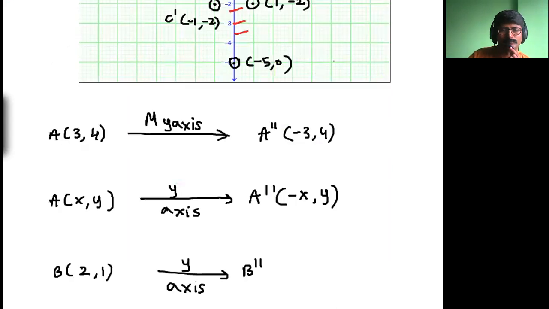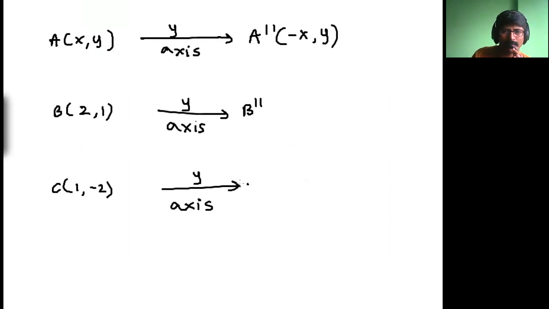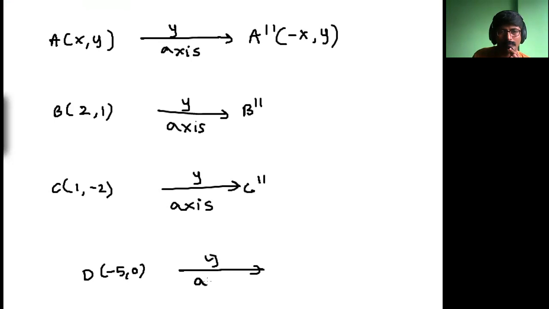Basic concepts. So it will become C double prime, and there is one D, (-5, 0), when it reflects under the y-axis. It will not change. D double prime will become (-5, 0), because when a point reflects under the y-axis, y remains the same. Oh, one second. It should be (0, -5). Then it will be a different one. I was wondering that.